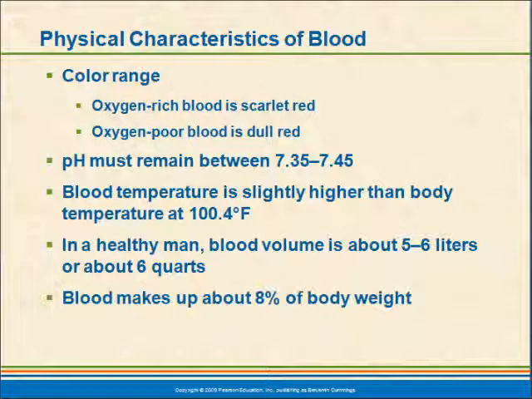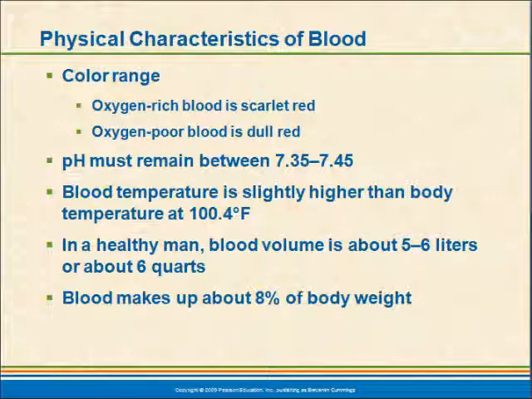Now, the physical characteristics of blood, I think we all probably have a pretty good idea of what blood is like, but still, color range: if it's oxygen rich, the blood is scarlet red. If it's oxygen poor, it's actually a dull red. It is not blue. The blue color that you see in veins is a product of the connective tissue that's actually surrounding those vessels.